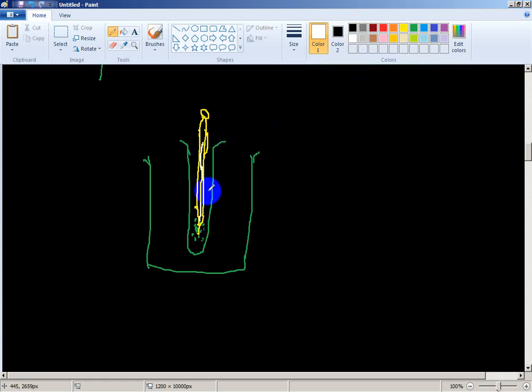This is a mercury scale. Mercury is, we know, the one metal that is liquid at room temperature. This is the mercury, Hg.